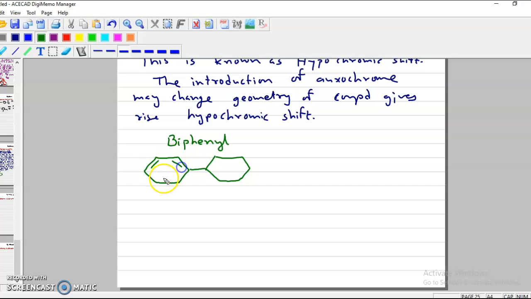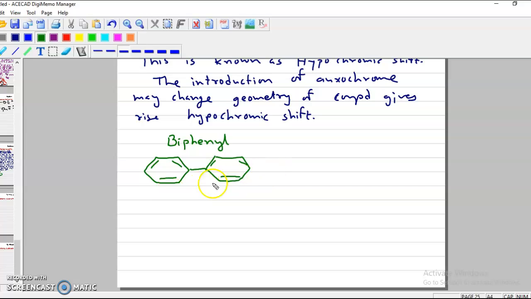You know, each benzene ring has 3 alternate pi bonds. But in this case, if you see the double bond, single bond, double bond, this much part, they are also in conjugation with each other. Well, both are not in the same plane theoretically, but they are at 45 degrees to each other.